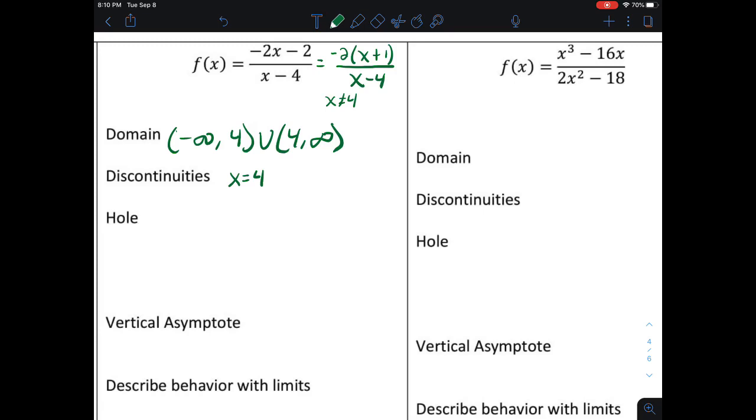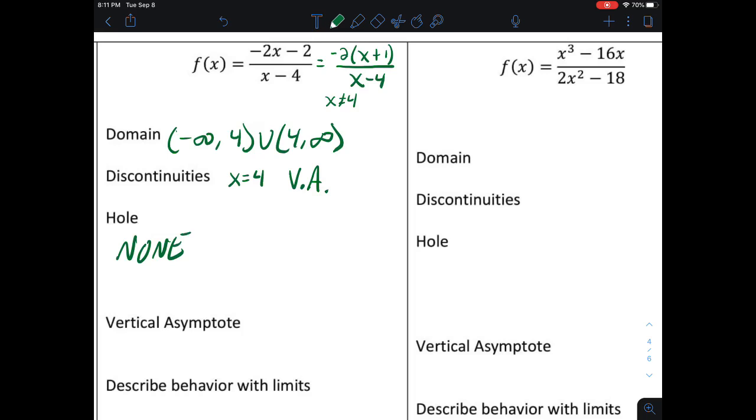Now we need to classify what kind of discontinuity this is. Well, the factor x minus 4 cannot be canceled out with the numerator. Since it can't be canceled out, this is considered non-removable. Non-removable discontinuities for rational functions are vertical asymptotes. So that is a vertical asymptote, which means since that was the only discontinuity, this problem does not have a hole.